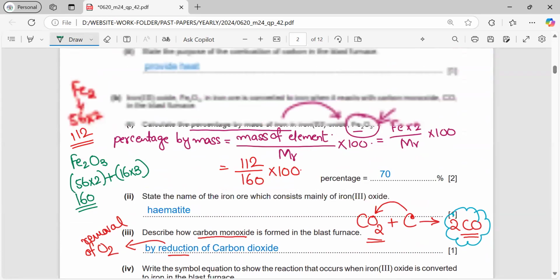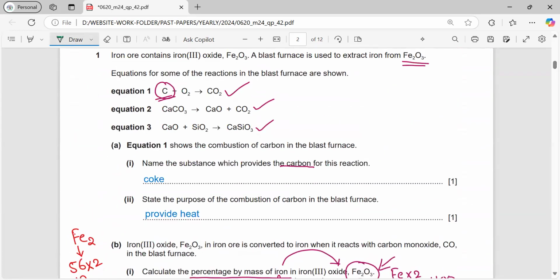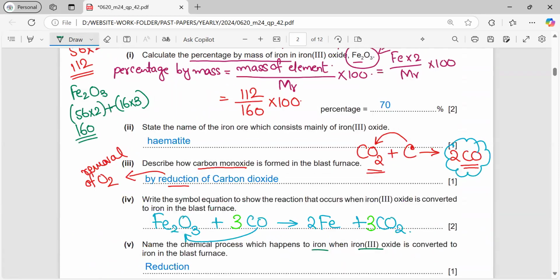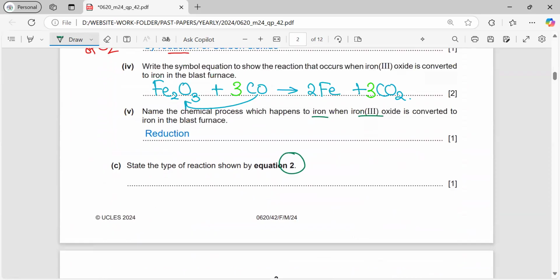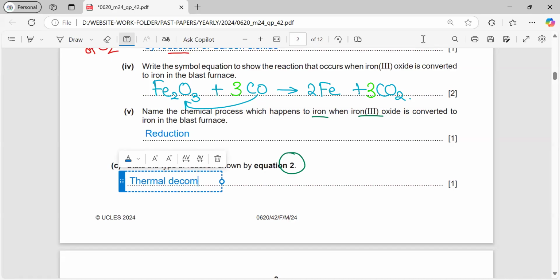Now equation 2 is when calcium carbonate is decomposing into calcium oxide and carbon dioxide. So it is breaking down, decomposing. So the type of reaction is thermal decomposition.